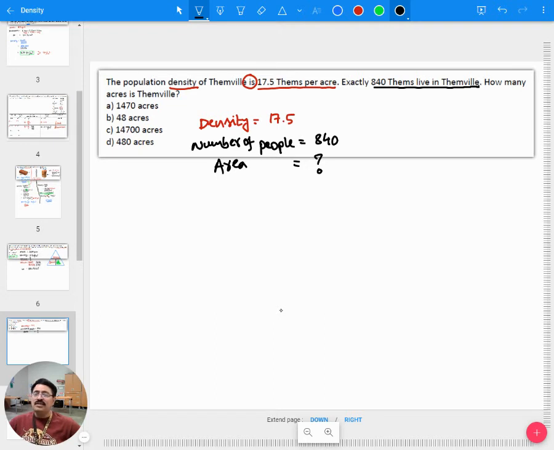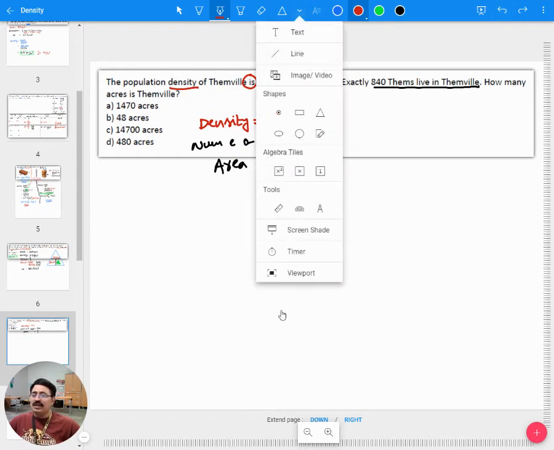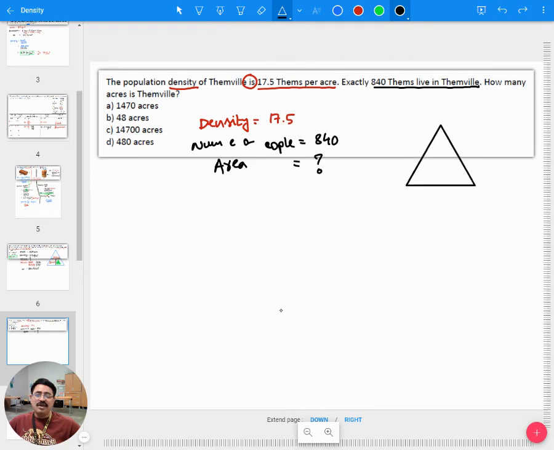So let's write the formula. Before writing it, my apologies, you are asked to find the area, right? So to find the area, let's take the magic triangle once again. Let me draw the magic triangle.